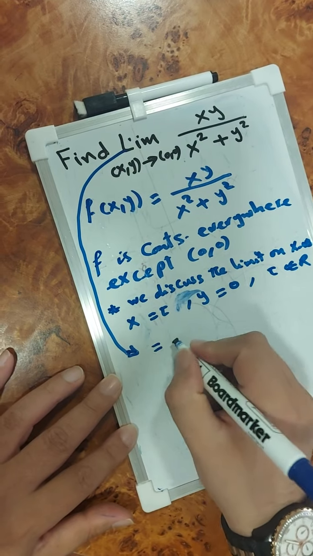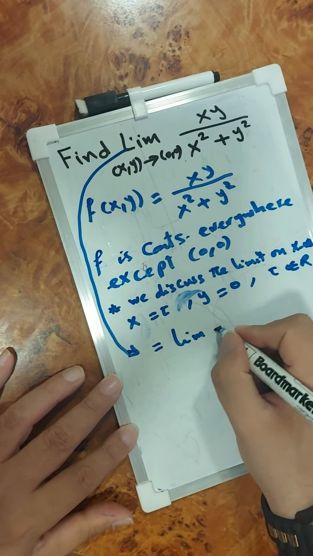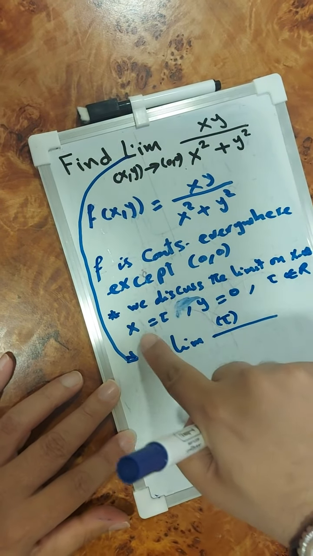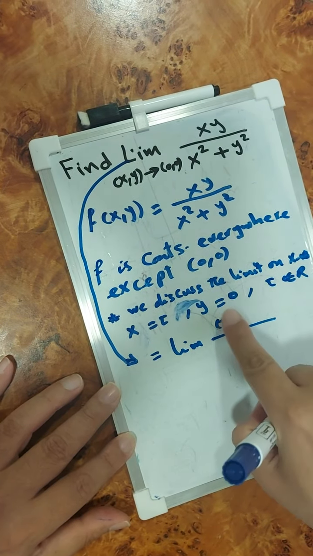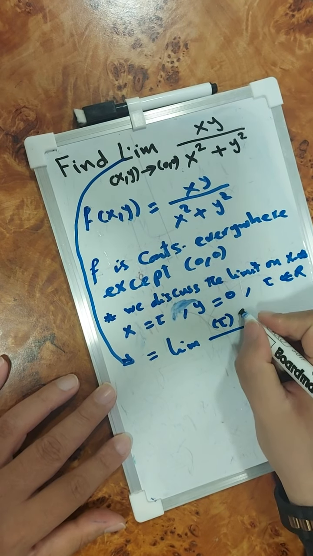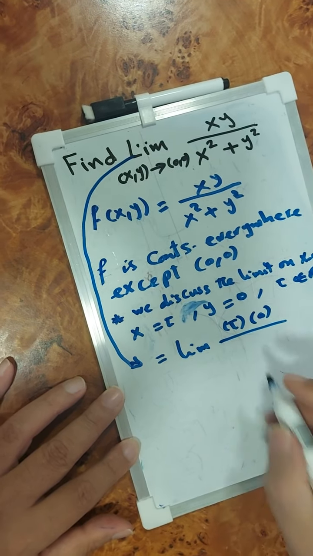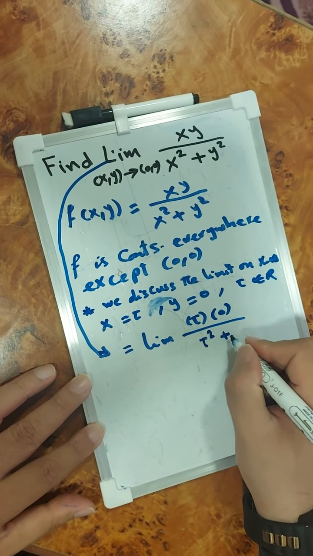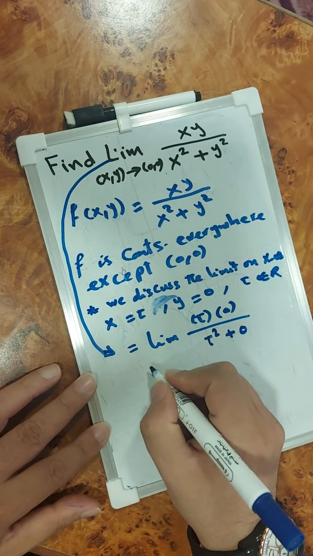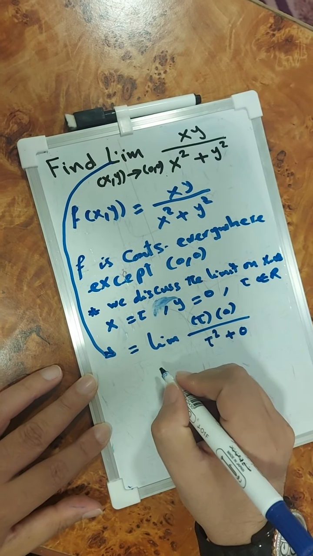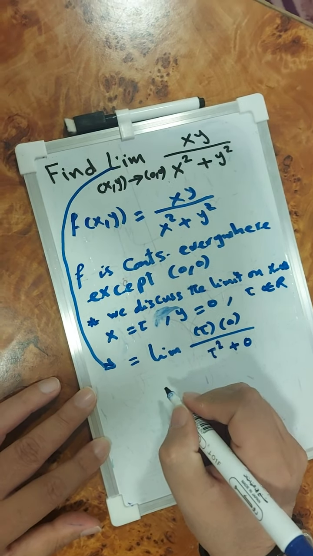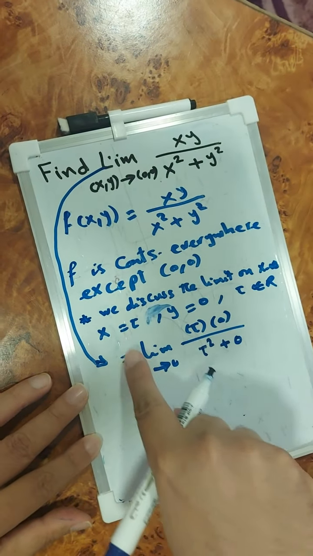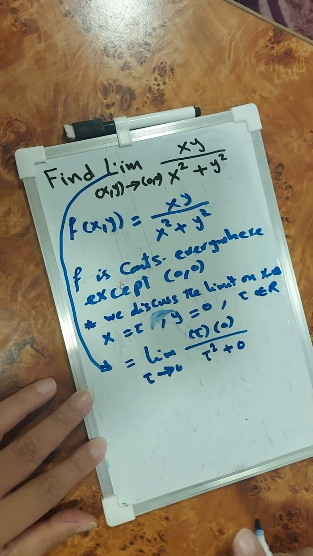So this limit is reduced to the following: t, we replace x by t and y by 0, over t square plus 0 square. When x approaches 0, t approaches 0.